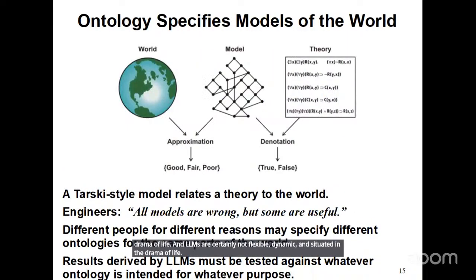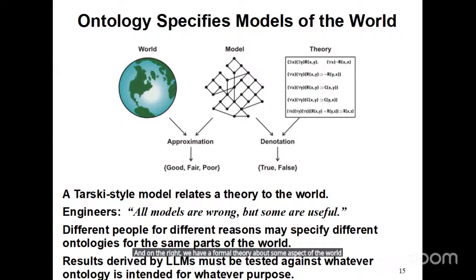Now, ontology, as the topic of our subject that we deal with in this ontolog forum, specifies models of the world. So on the left, we see a picture of the world. And on the right, we have a formal theory about some aspect of the world.